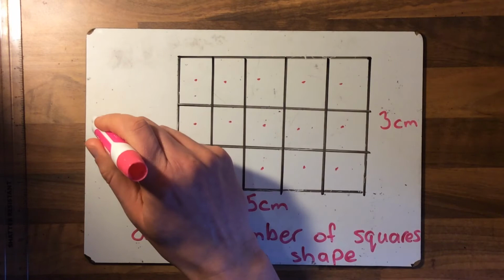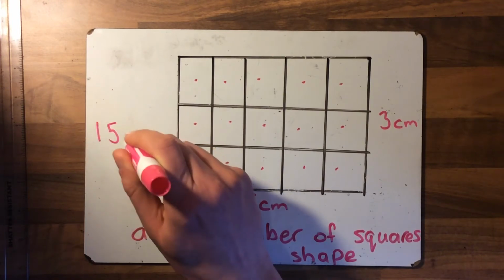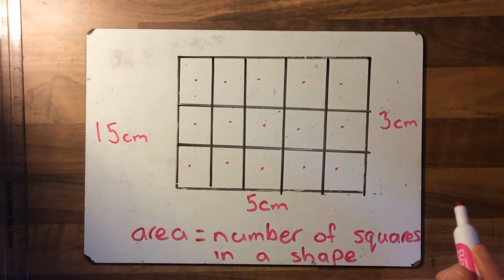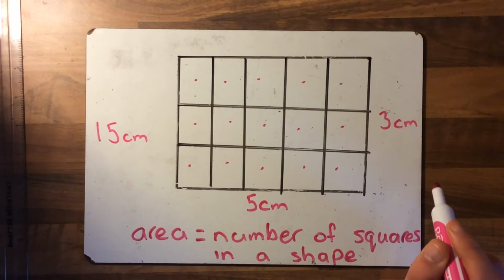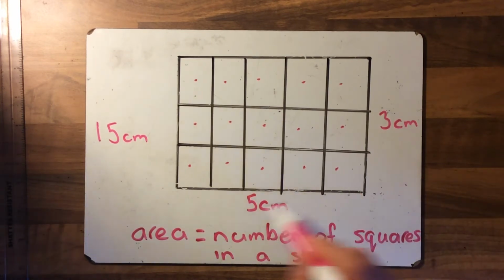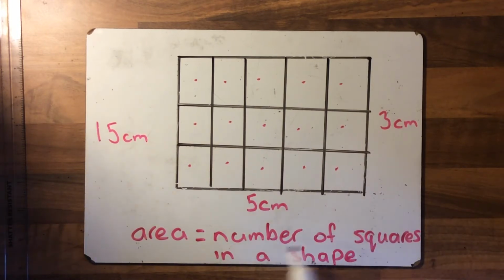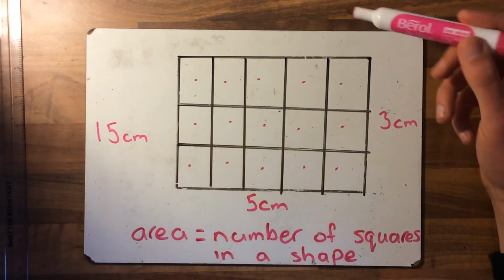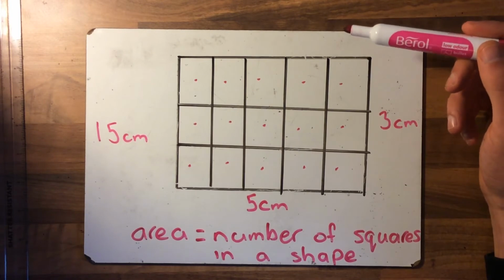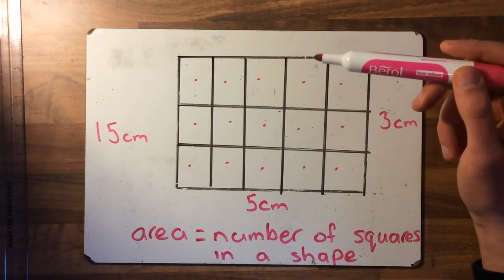So we know that is 15. Now, where it differs from perimeter, which was adding up all the edges, area is the number of squares within a shape, and we know there are 15 of them.